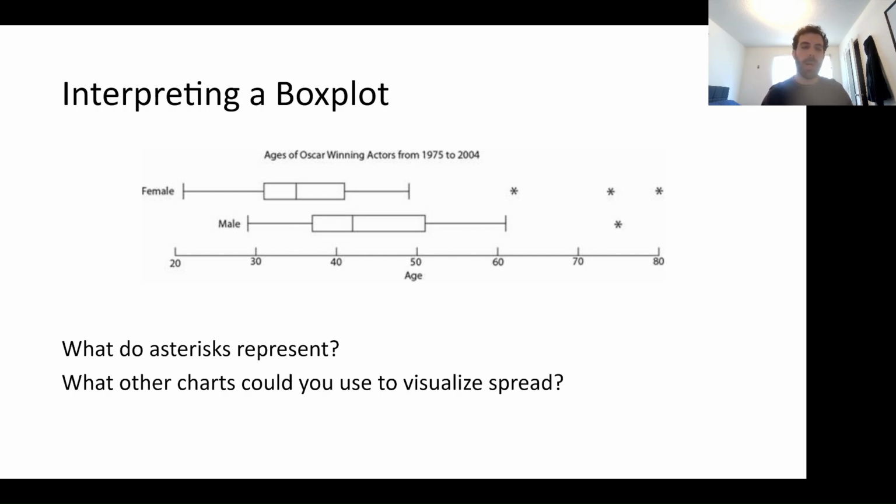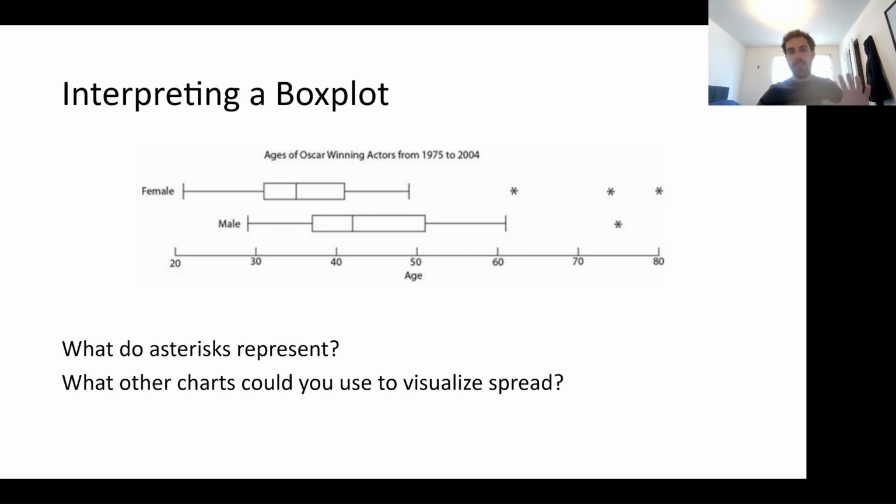So here's a box plot. Take a minute to look at it, and I want you to think about what this plot is telling you. So to me, I think this is a pretty good plot in that it's simply labeled.